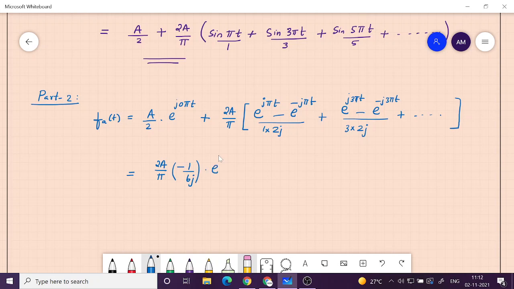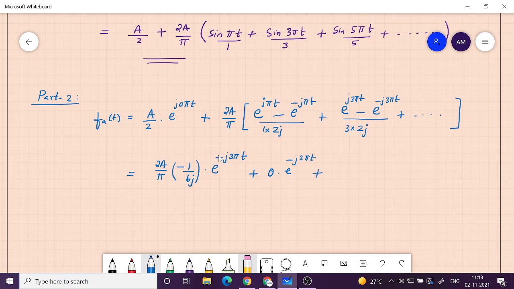So that is multiplied with e raised to minus j 3 pi t. Next one I would like to collect, there is no 2 pi t, so that is 0 into e raised to minus j 2 pi t, because of even multiples of omega naught I don't have any.